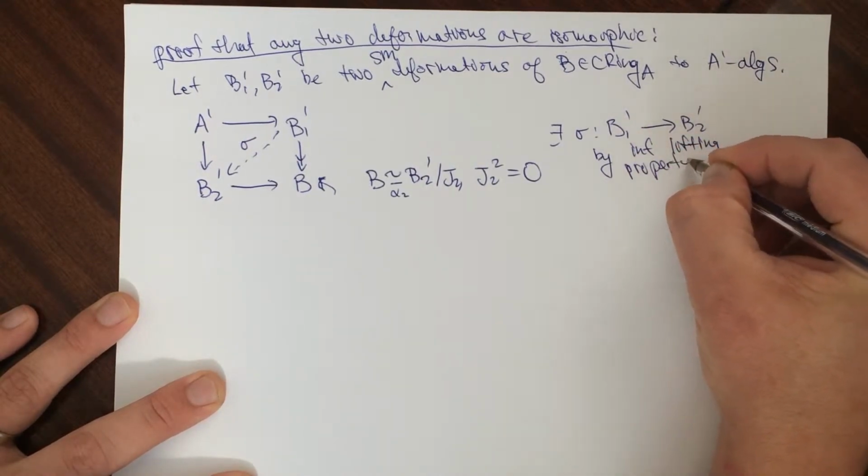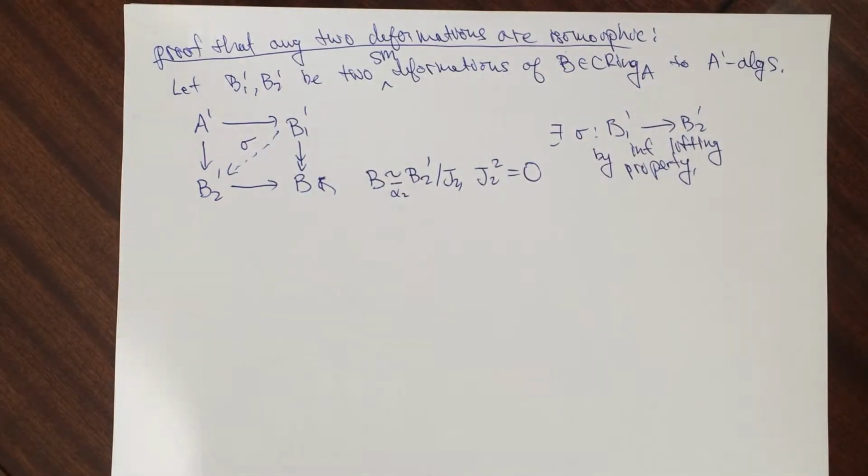And I think the infinitesimal lifting property written down like this was originally written by Seidenberg and used successfully to a great extent by Grothendieck and a lot of other people. Okay, so that's that.